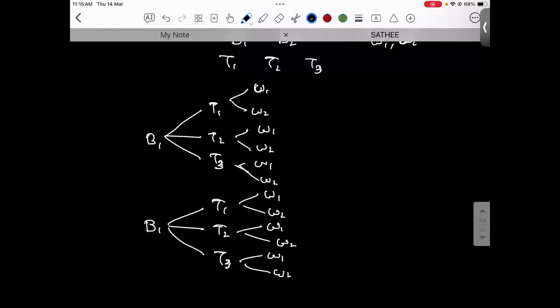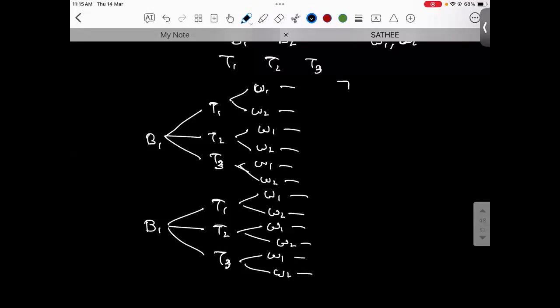Now you can combine all those: 3, 4, 5, 6, 7, 8, 9, 10, 11, 12. I am not writing all the combinations just to save time. Here you can count the number of dashes. We have 12 choices. So there are 12 choices.